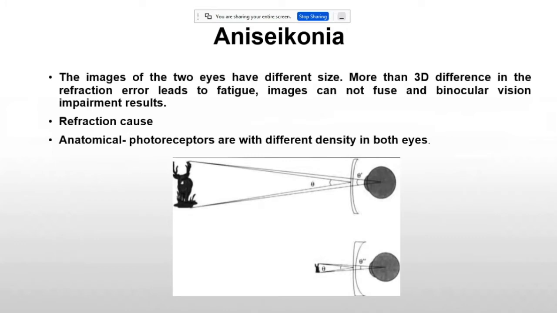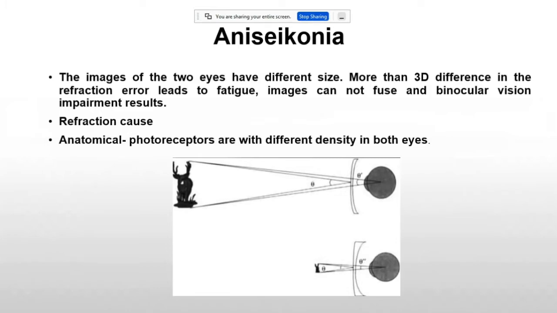Hyperopia is corrected with a plus lens, which makes a bigger image, so the sizes of the two images will be quite incompatible for the brain to fuse. So we can't really prescribe these glasses.